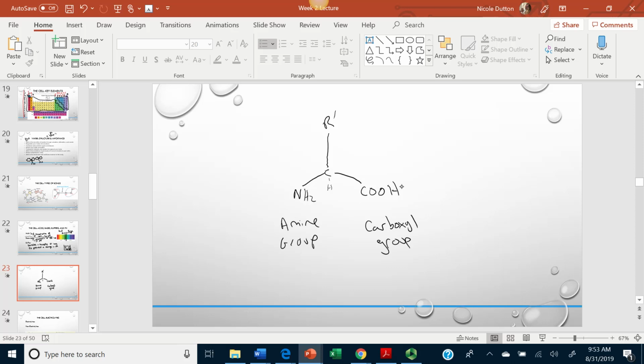But every amino acid has this basic structure. The amine group could accept a hydrogen. So this kind of acts as the base side of things.